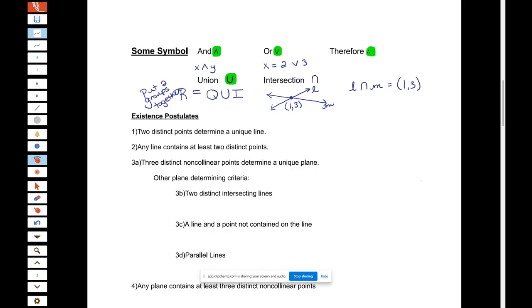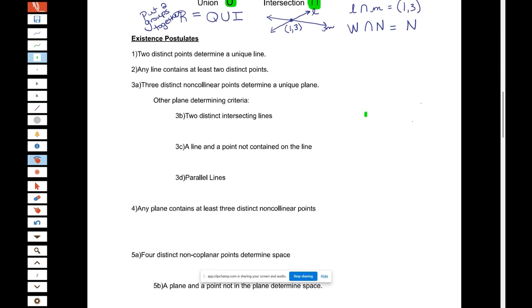Or more simply, if you wanted to say, where do the whole numbers intersect the natural numbers, the answer would be the natural numbers, because the numbers 1, 2, 3, 4, 5, and so on are within the whole numbers, which are 0, 1, 2, 3, 4, 5, and so on. So the elements they share in common start with the number 1 and so on up the list. So those are some more symbols you should be familiar with.